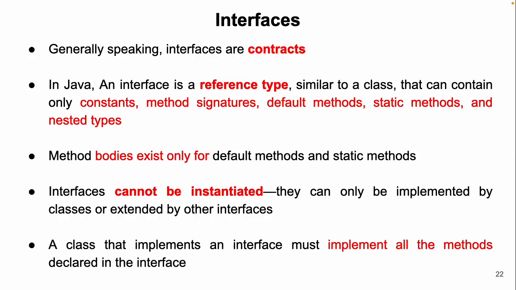Any doubts? So in Java, an interface is a reference type similar to a class that contains only constants, method signatures, default methods, static methods, and nested types. So they give some prototype similar to our class. In that prototype we may have some constants.